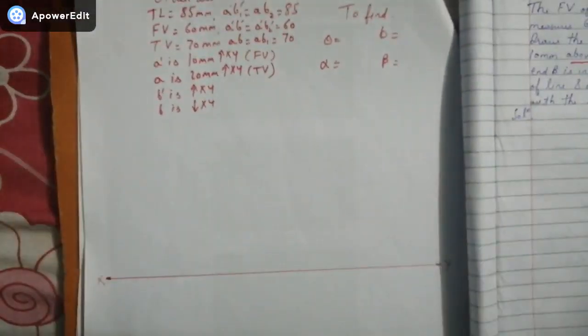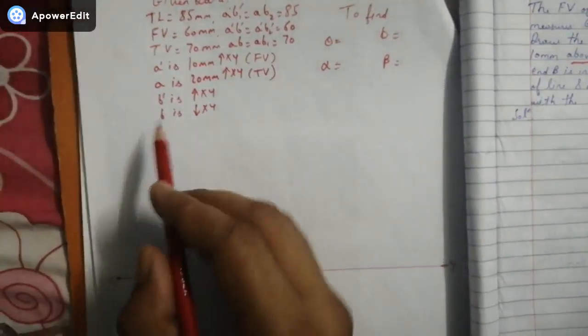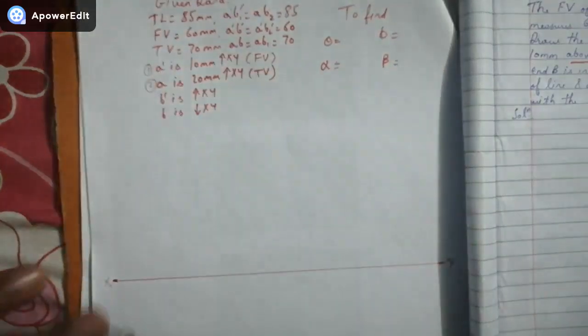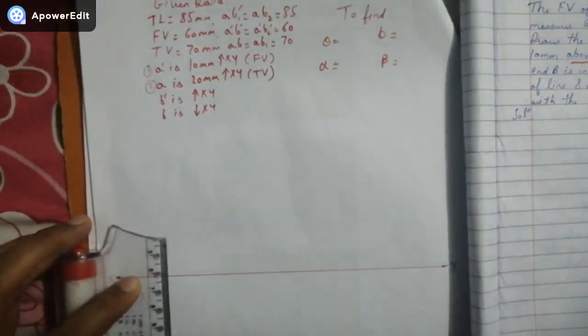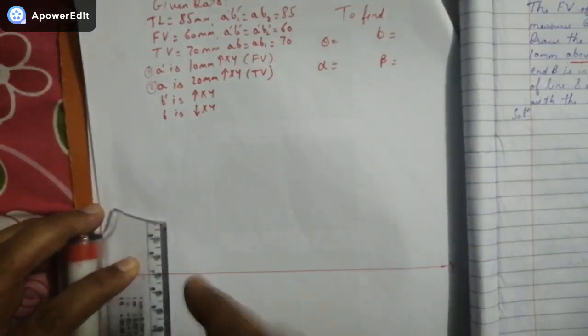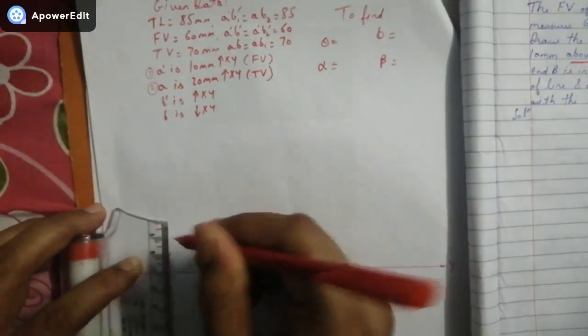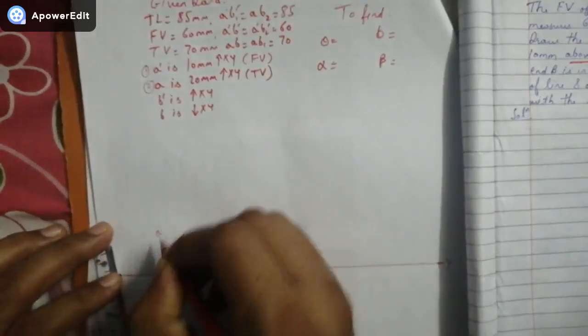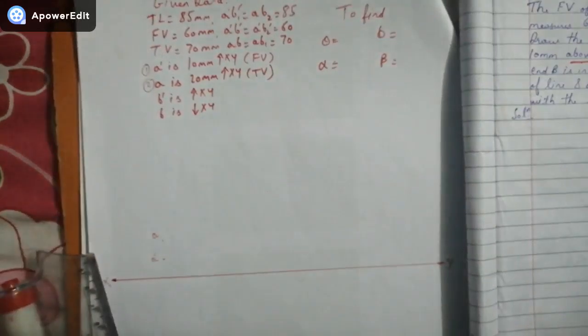Since we are given the information one by one, we will be utilizing the projection of points information first and second. A dash is 10 mm above as well as A is 20 mm above. So what do we do? From here it's 10 mm and it is 20 mm. So this is A, this is A dash.